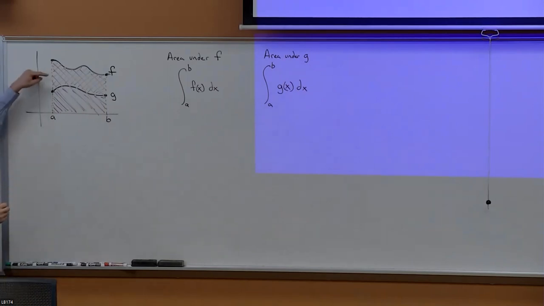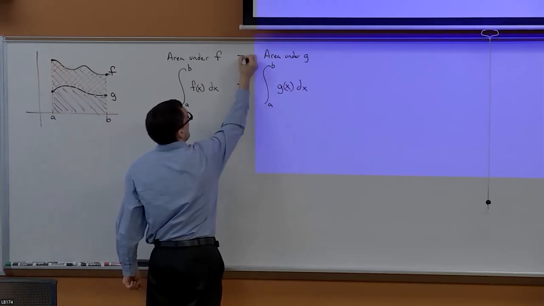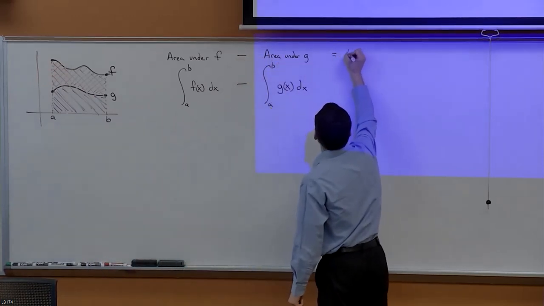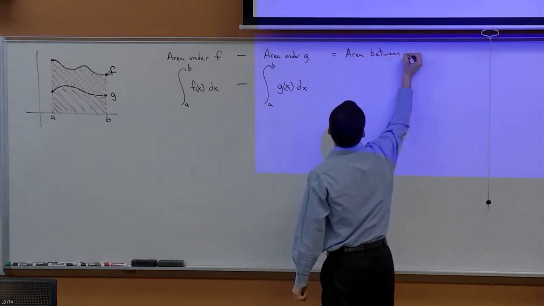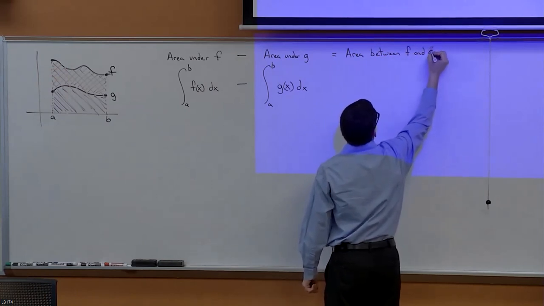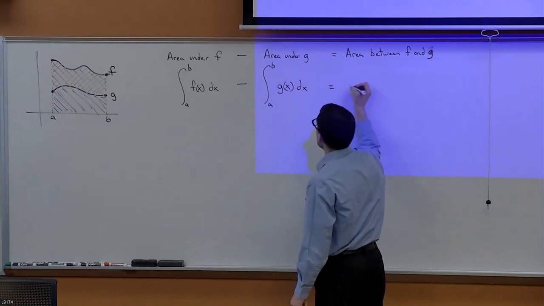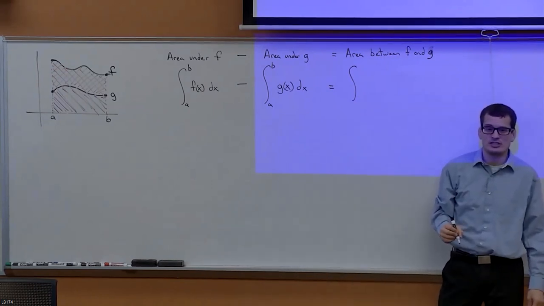And if you think about this picture, the area between F and G is just the area under F, take away the area under G. So the area under F minus the area under G gives you the area between the two.